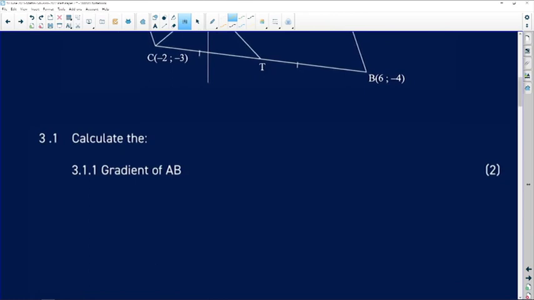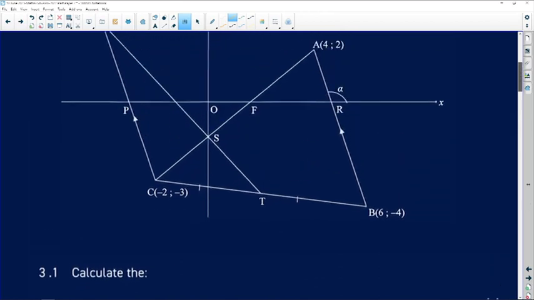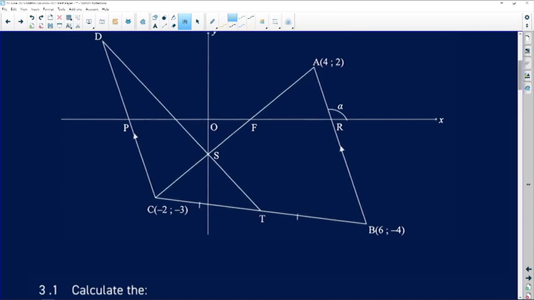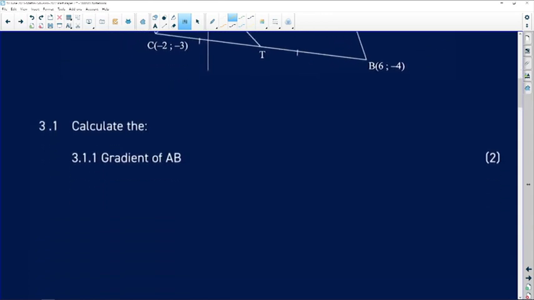We're looking for the gradient of AB. Gradient is a very simple thing to work out. It's just change in y over change in x. So the y value at B minus the y value at A, divided by the x value at B minus the x value at A. The gradient of AB is (y2 - y1) over (x2 - x1).